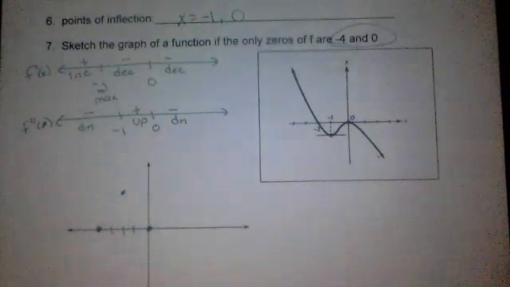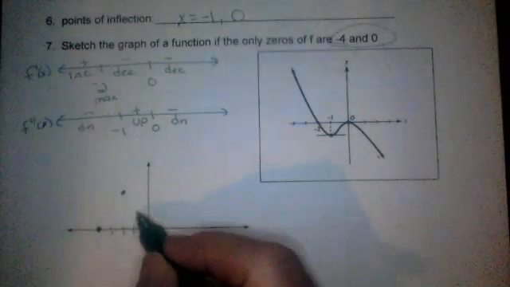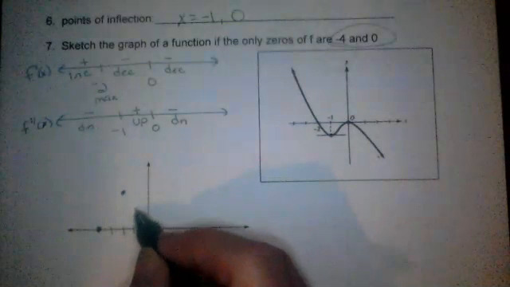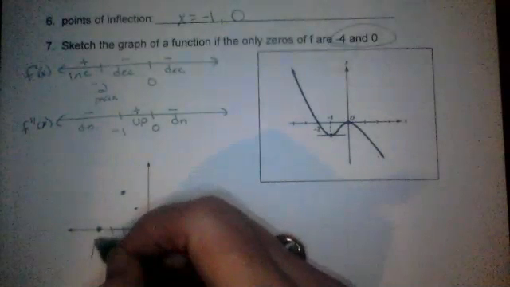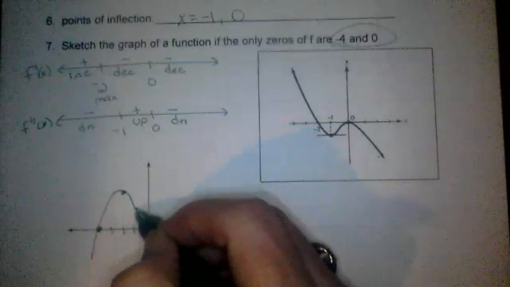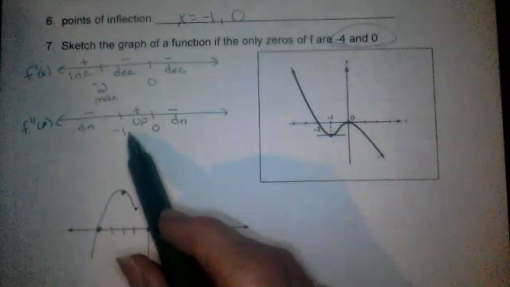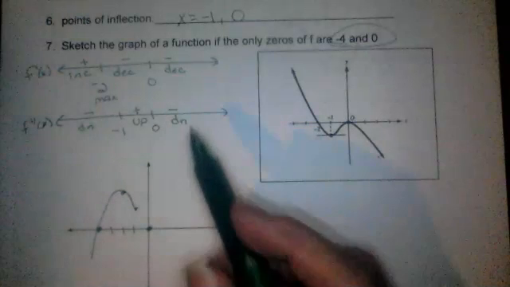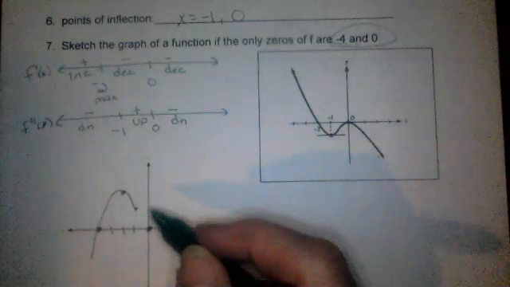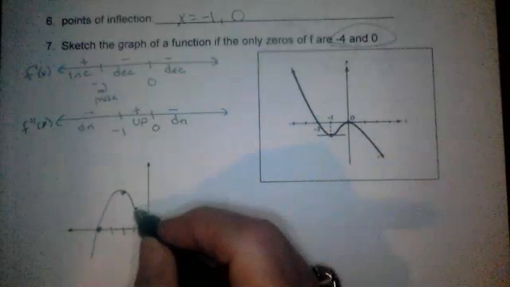Now for concavity, our graph is concave down until I get to -1, and then it changes to concave up. So I know that somewhere in here we've got a change in concavity. So I'm going to draw this portion concave down, and then it says from -1 to 0 it's concave up. So concave up, come like this.